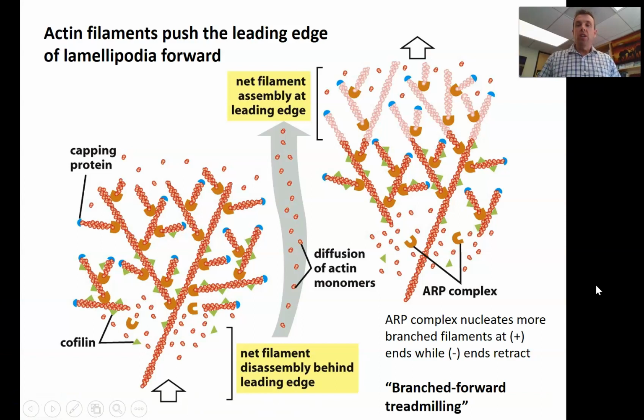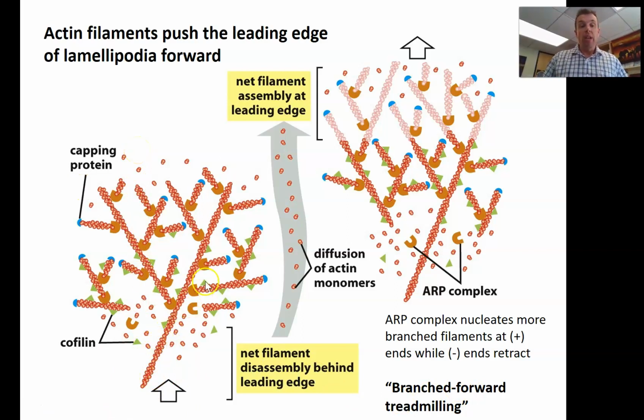All right, so now let's start to put some of this together to really talk about the regulation of cell movement. So remember that lamellipodia is kind of that broad face of the cell that's being pushed forward. And so that lamellipodia needs the branched actin filaments, and it actually needs branched treadmilling. In other words, it needs the minus ends to fall apart while the plus ends grow so that it's pushing that forward.